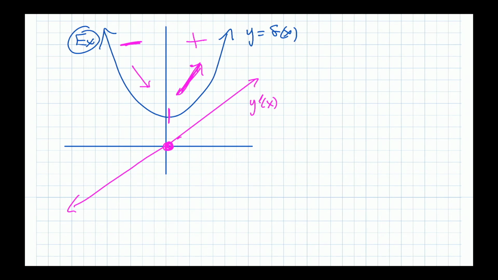Okay? You will learn that when you take the derivative of a polynomial, the degree goes down by 1. So the derivative of a cubic, third degree, is quadratic.